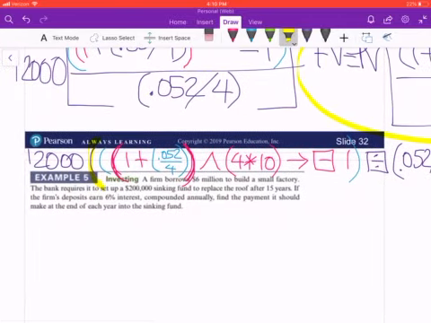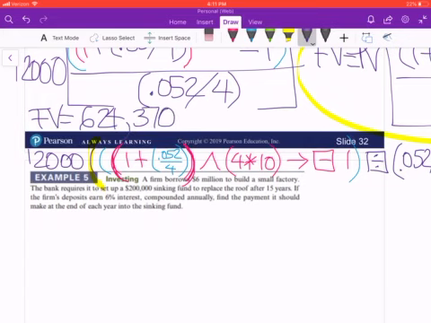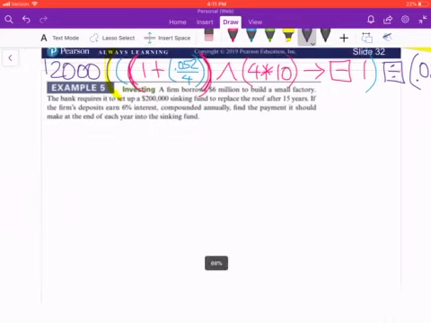So of course, if you enter everything correctly, you will get that the future value will be $624,370. That will be the future value of the sinking fund. And for that, we use the same formula as the ordinary annuity.